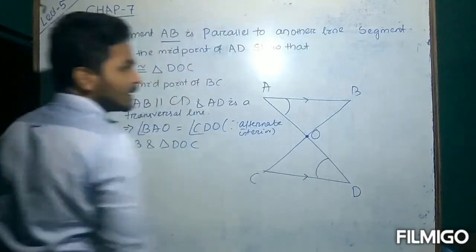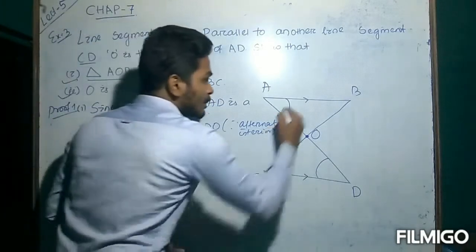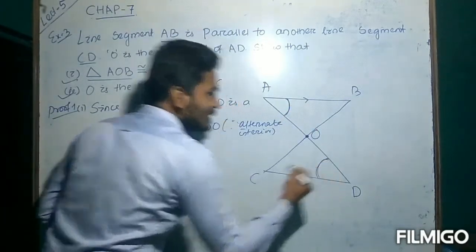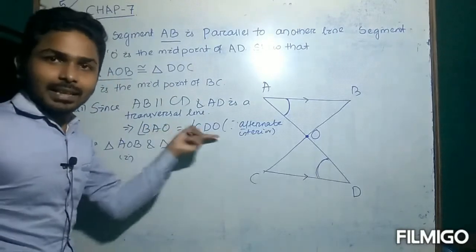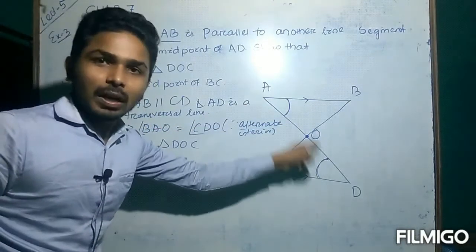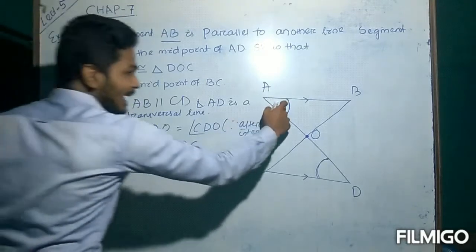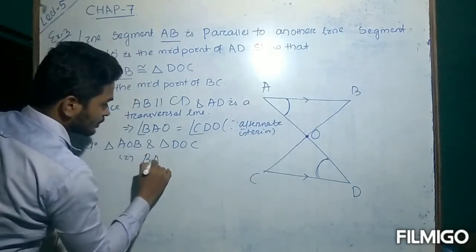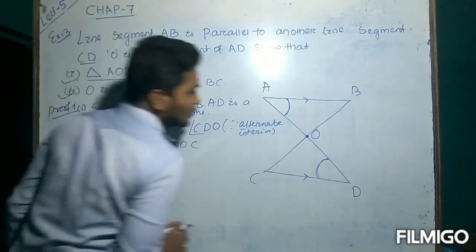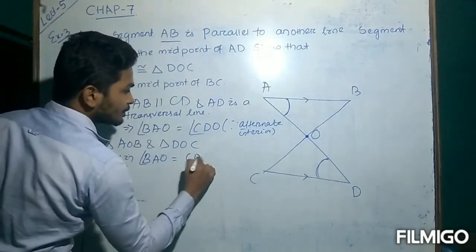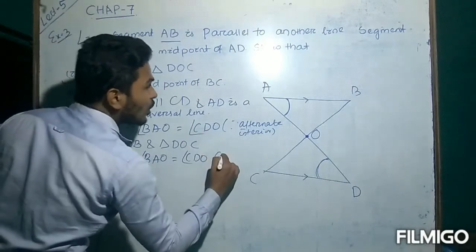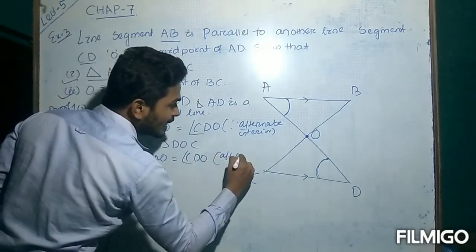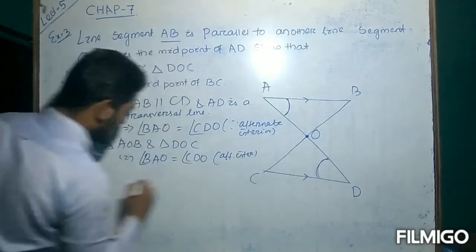Since this angle is equal to this angle, these are two alternate interior angles, so you can write angle BAO is equal to CDO. Why? Because it is given, or because they are alternate interior.